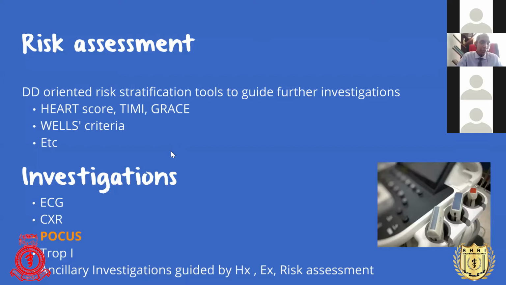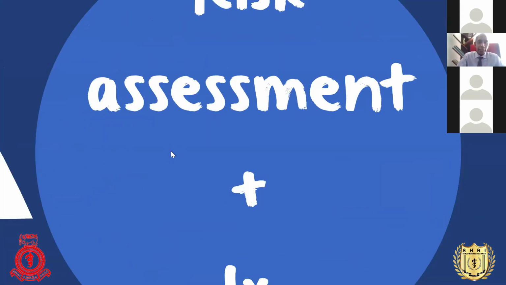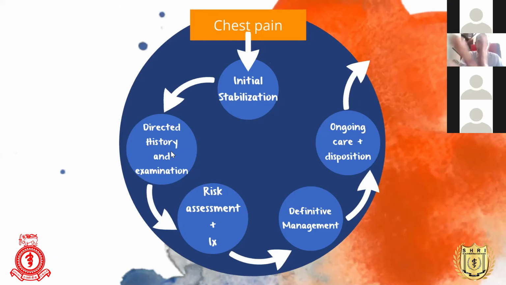It is widely used, along with troponin and ancillary investigations guided by history, examination, and risk assessment. That means whether we are going for a CT scan, we can't do CT scan for everyone. So we have to very carefully identify who needs a CT scan, who needs further investigations. That is the basic workup of any patient with chest pain.